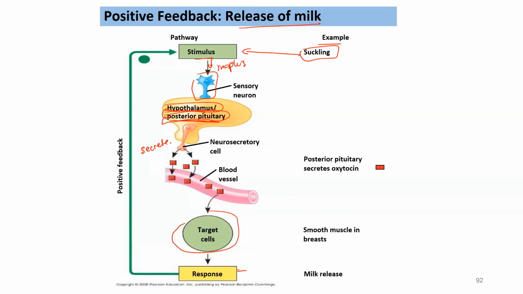Okay, the mammary gland, bukan the memory, the mammary gland. Okay, mammary gland. And then it causes smooth muscle in the breast to secrete the milk. Okay, to secrete the milk. Secrete, release, eject the milk pun boleh. Jangan guna produce.